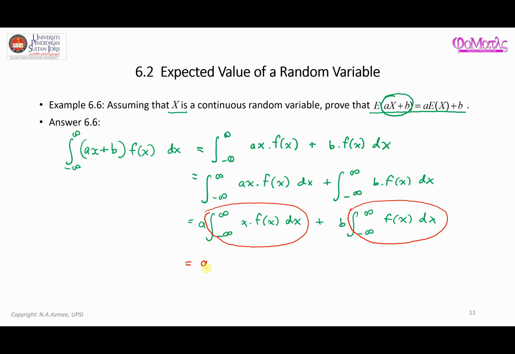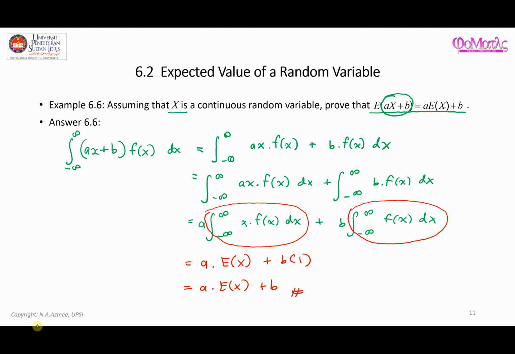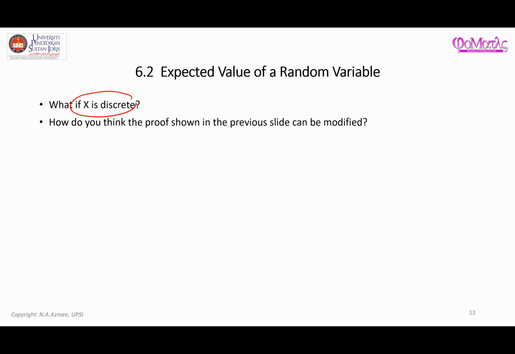So that becomes a times the definition of E(X) plus b times 1, and that is just aE(X) plus b. So we have managed to prove that this statement is true. If X is discrete, I'm sure you can come up with a proper working to show that the result will also be similar. That one I leave to you to prove on your own.